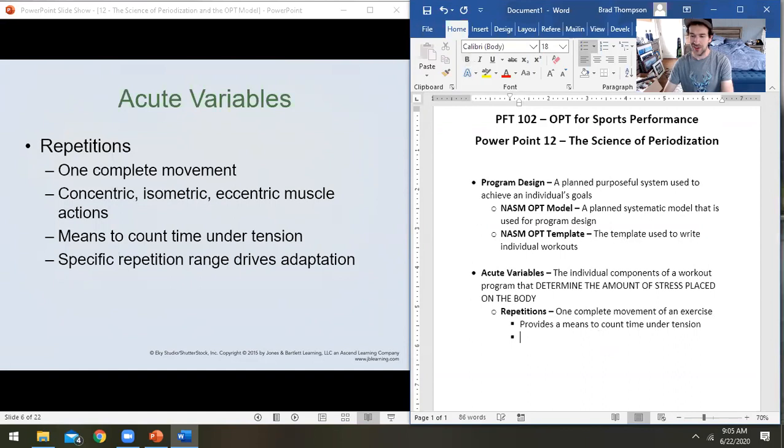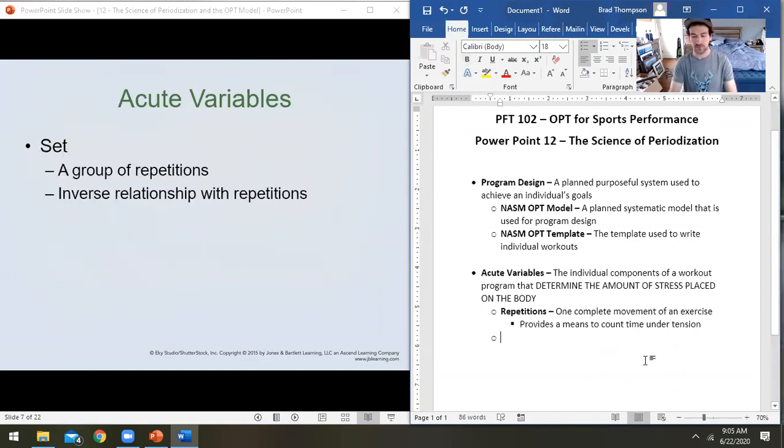And then we have sets, which are a group of repetitions. One thing to remember is that sets have an inverse relationship with reps.